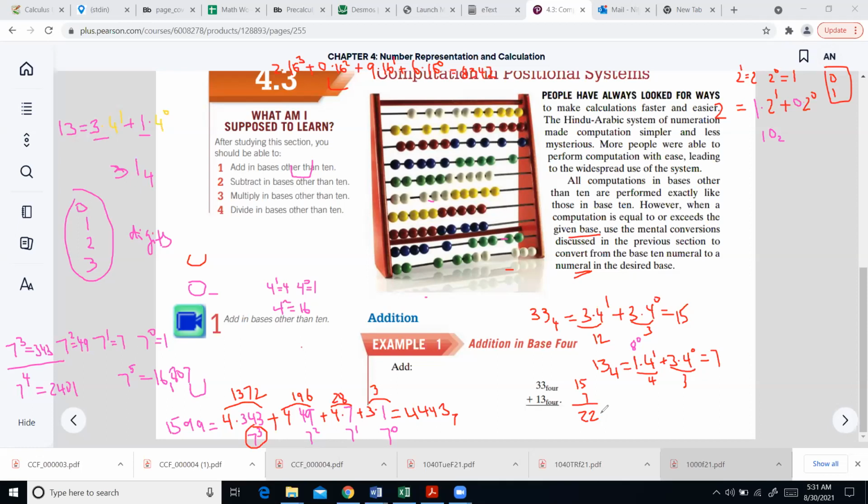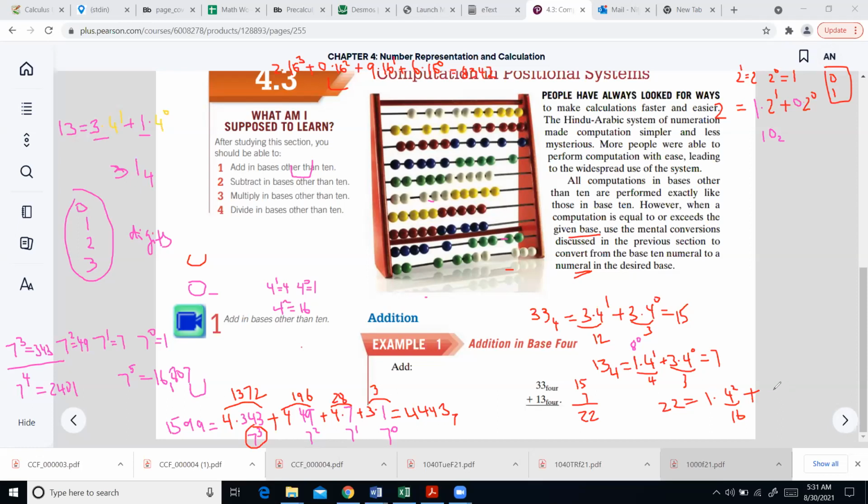But again, I need to rewrite this in base 4. So if you try to write 22 in base 4, it looks like 4 squared, which is 16, is going to fit in it, right? So it'll be 16 plus what remains, which is going to be 6.